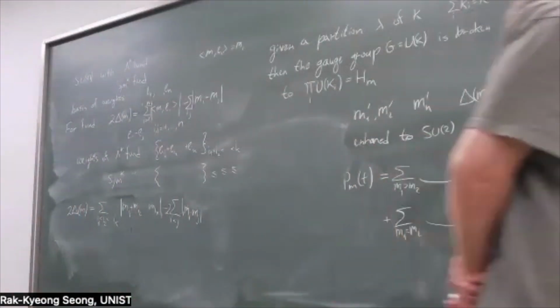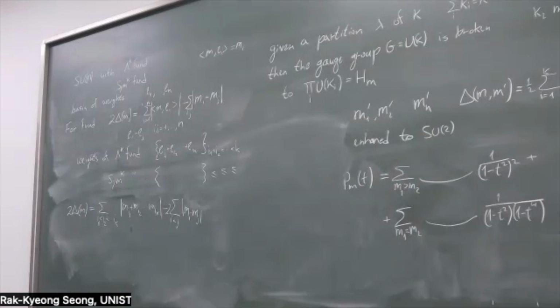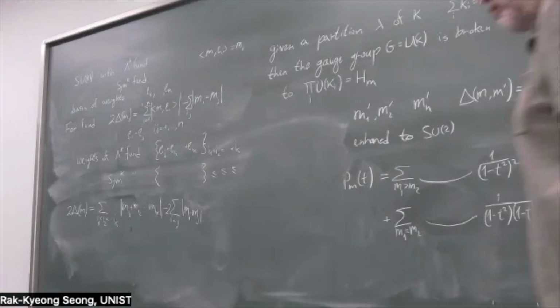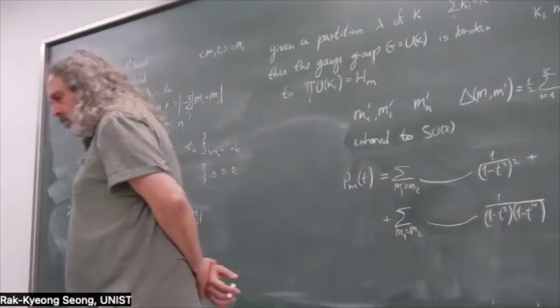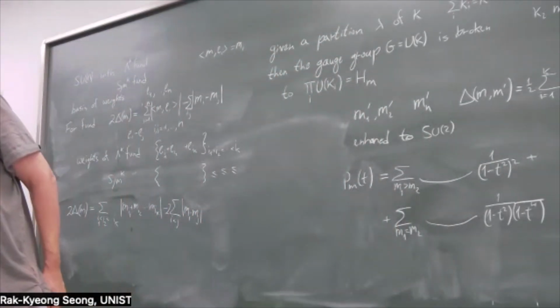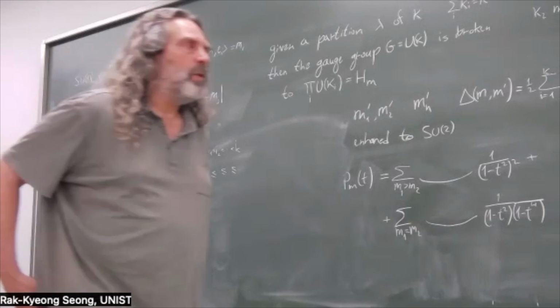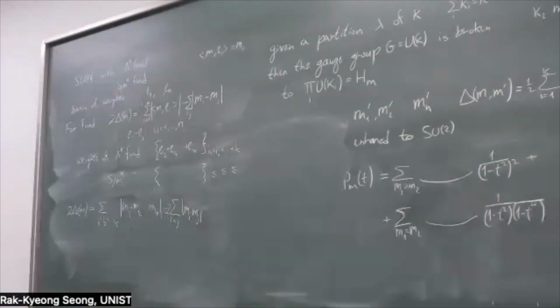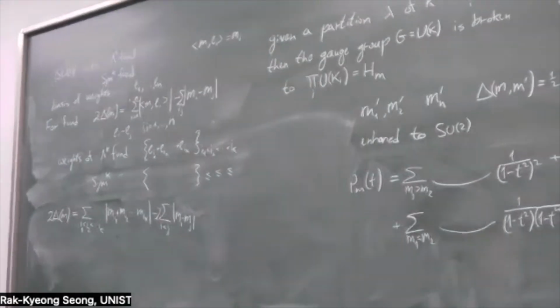So this just goes through. I mean, if you want to do it for Sp(N), then you just pick the convenient basis and do it for Sp(N). Okay, so that was for non-trivial representations. For quivers, life is easier.